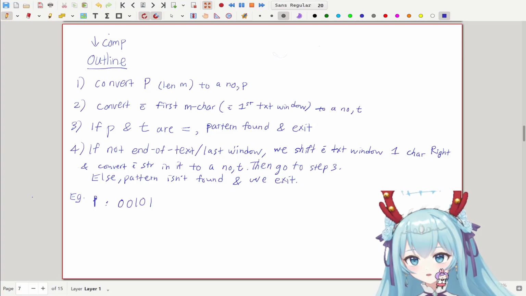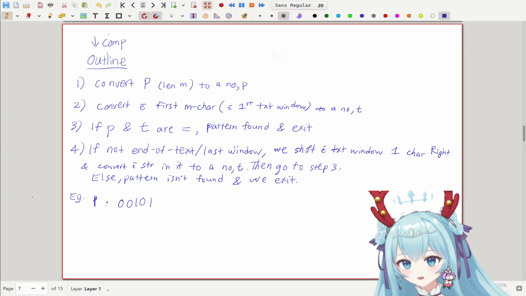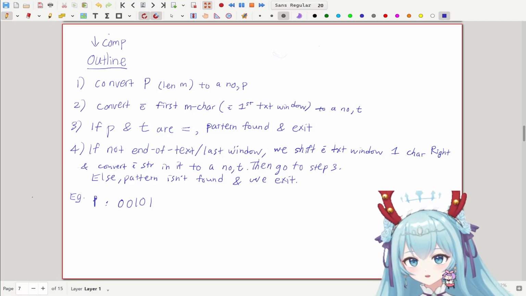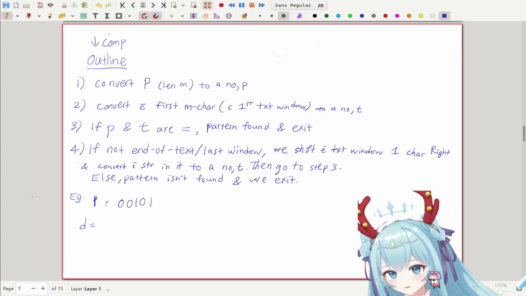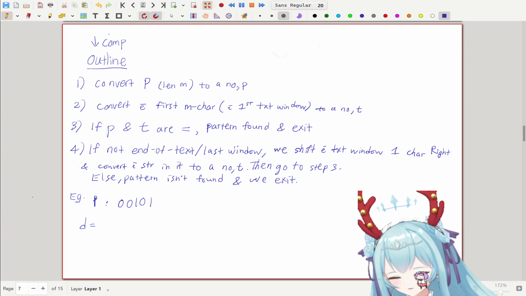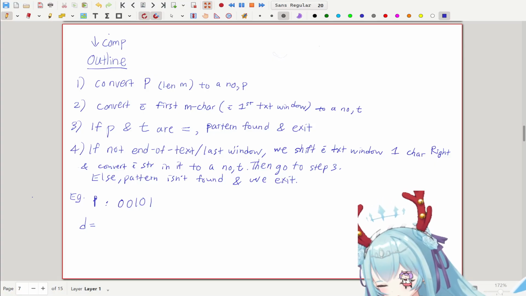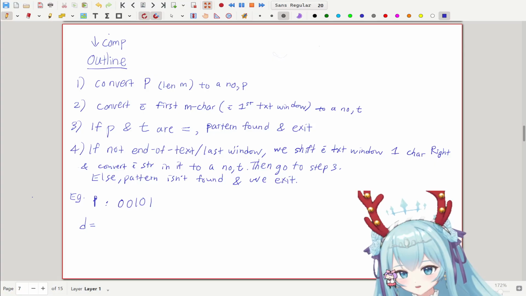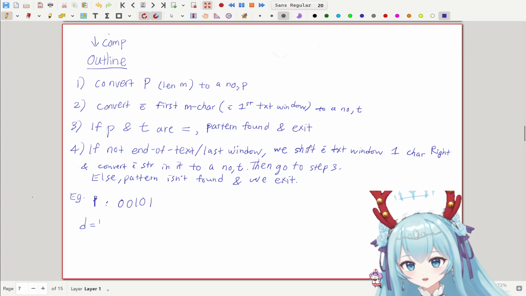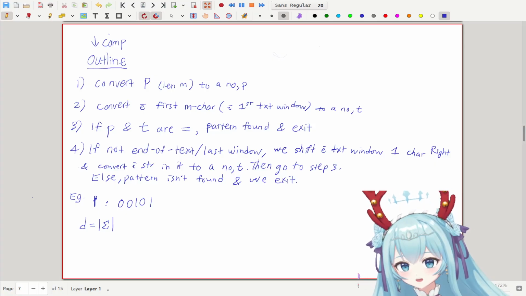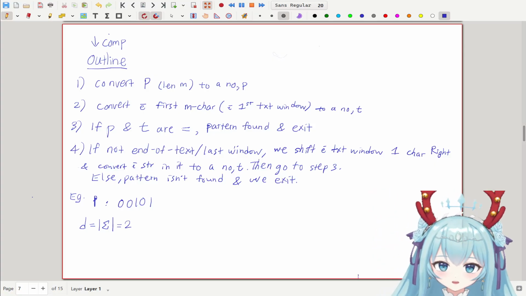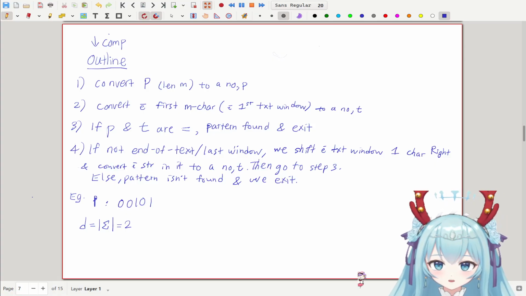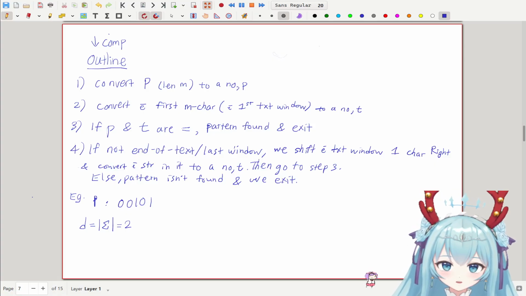We'll also have a new variable called d. d is basically the maximum number of unique characters that p can have. So basically, it's the cardinality of the alphabet. In this case it is 2, because the maximum number of different unique characters that p can have is either 0 or 1.